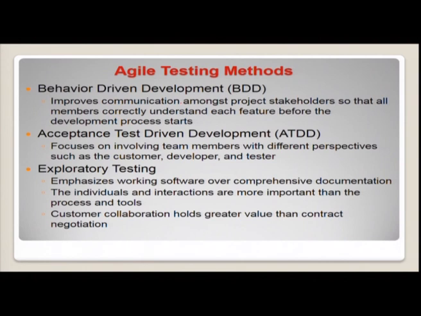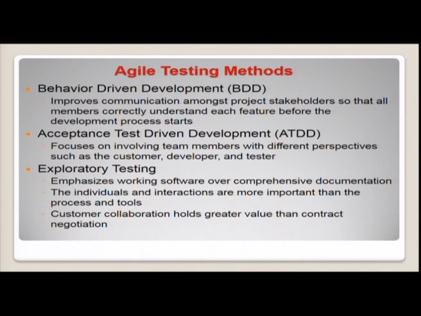Exploratory testing emphasizes working software over comprehensive documentation. The individuals and interactions are more important than the process and tools. Customer collaboration holds greater value than contract negotiation, because in the traditional life cycle model you would have seen comprehensive documentation, you would have seen contract negotiation, you would have worked with process and tools, whereas here in the Agile testing method, and exclusively in this exploratory testing, you work with the individuals, and more interaction with individuals will give you more and more success.